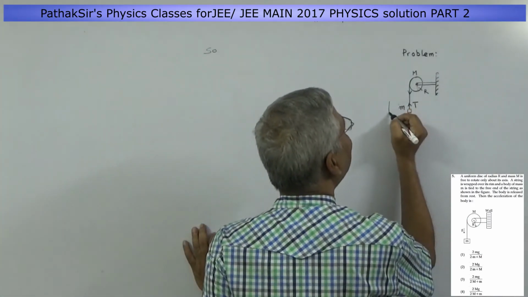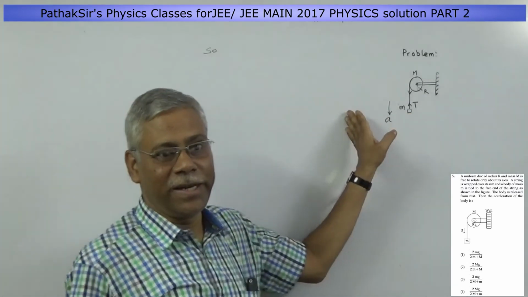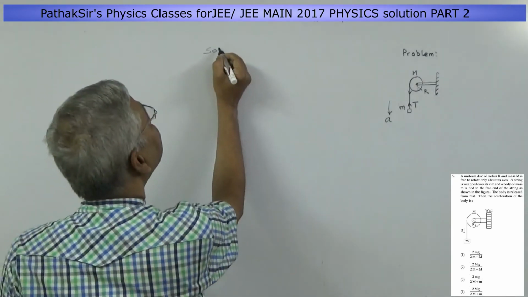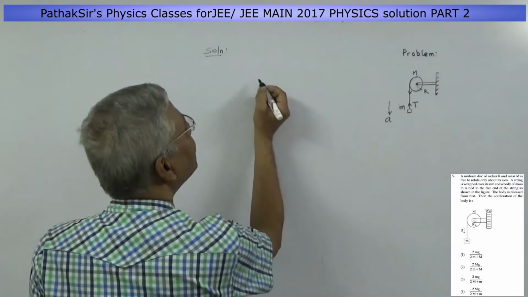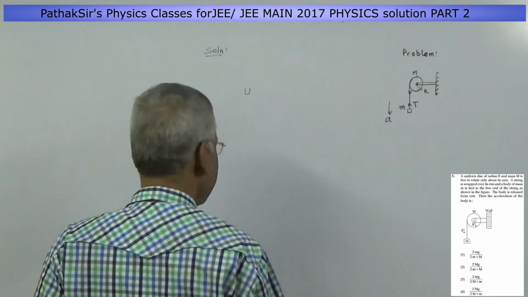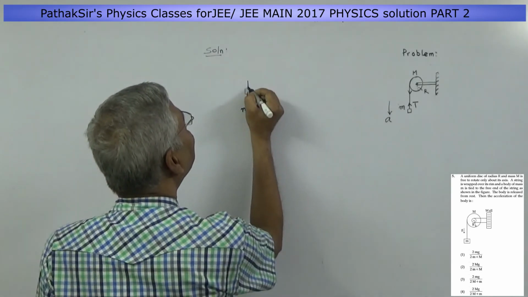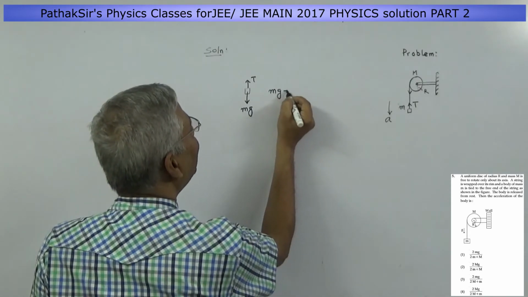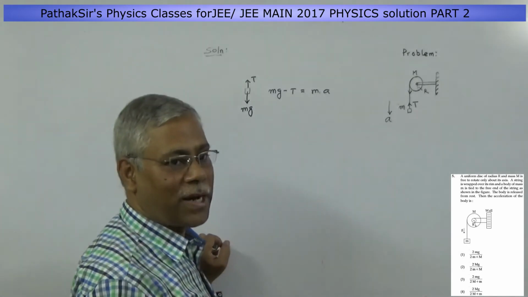To find the acceleration of this block, first indicate the tension in the spring. Then write the equation for the suspended mass. For the suspended mass, the forces are mg downward, T upward. So the equation is mg minus T equal to mass into acceleration.